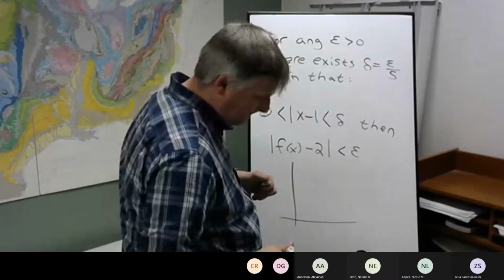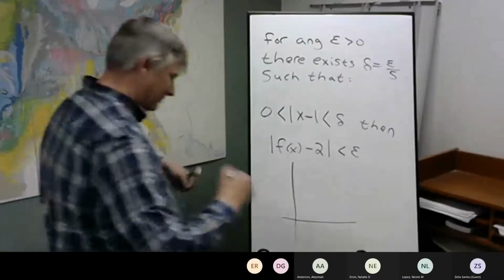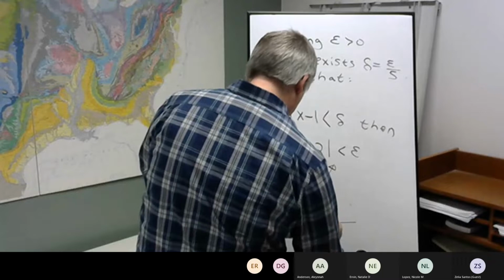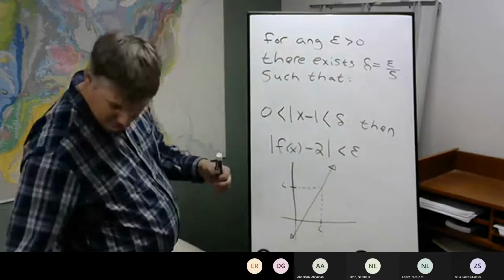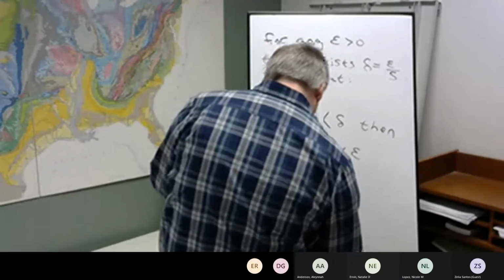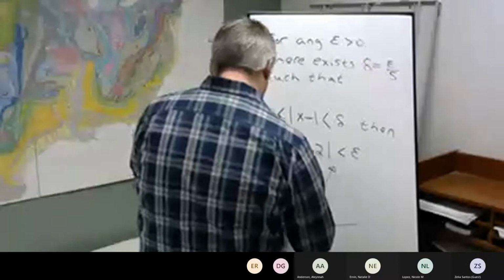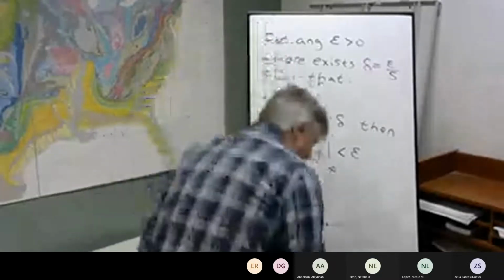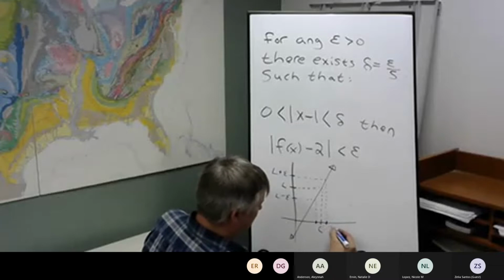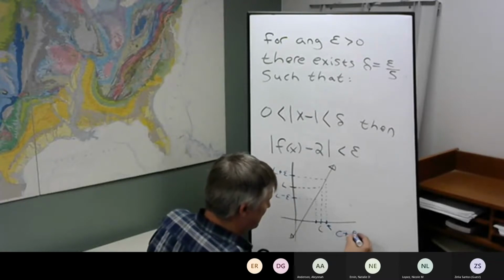Let's see. It's kind of hard to see here. This is C plus epsilon over 5.